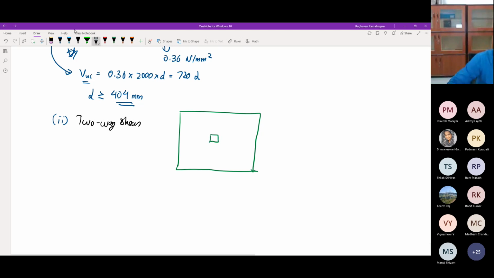So it is d by 2 from here, d by 2 from here. With that, you have to draw a rectangle. So the shear will be all around this particular given rectangle. That is two-way shear. The critical section is at d by 2 from the column face.